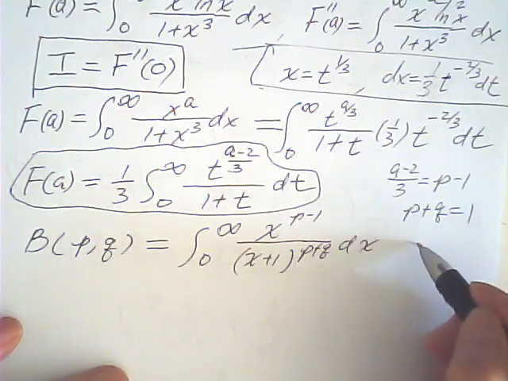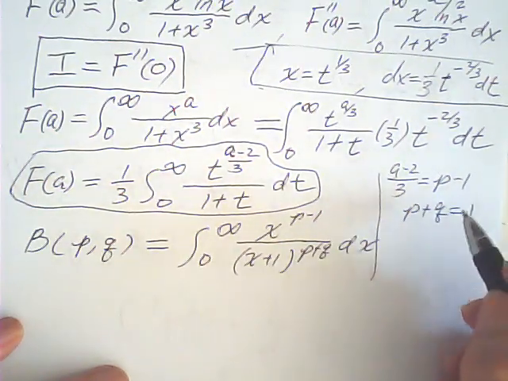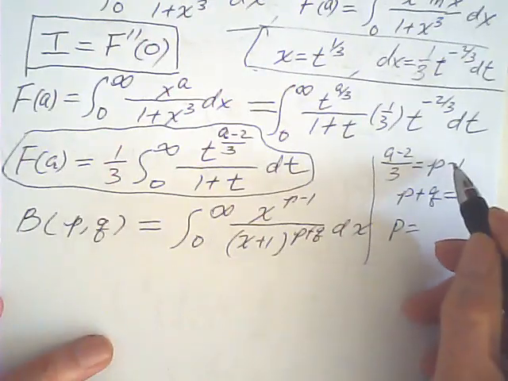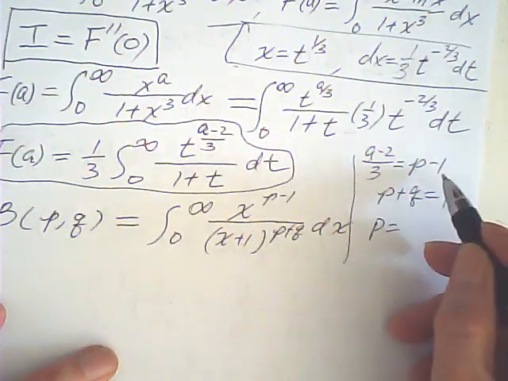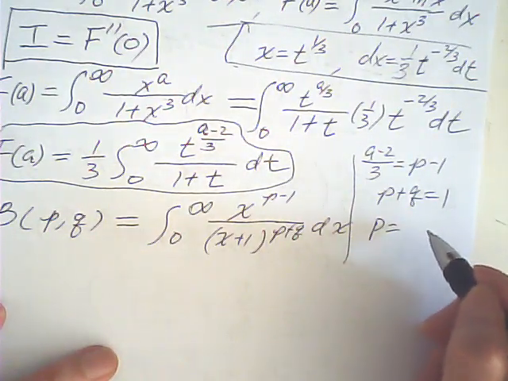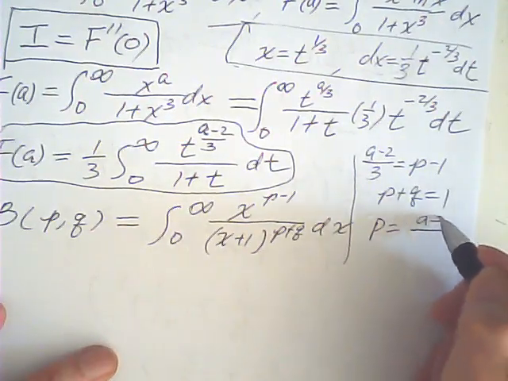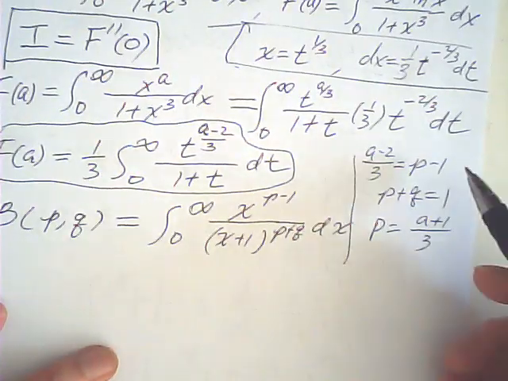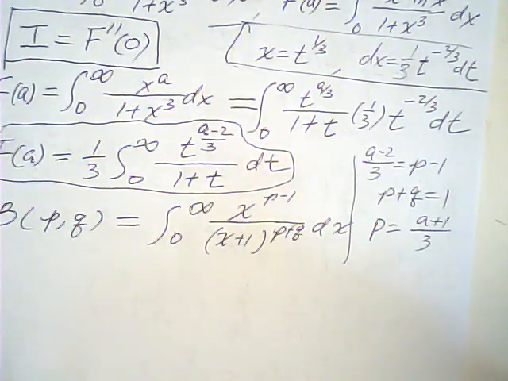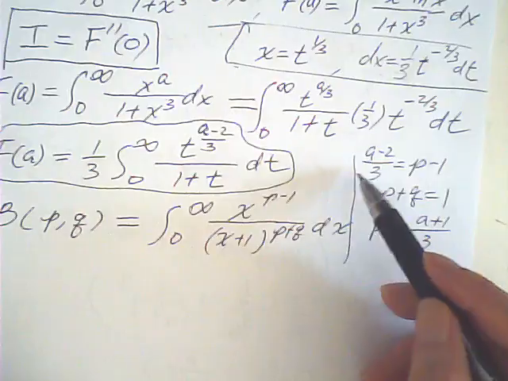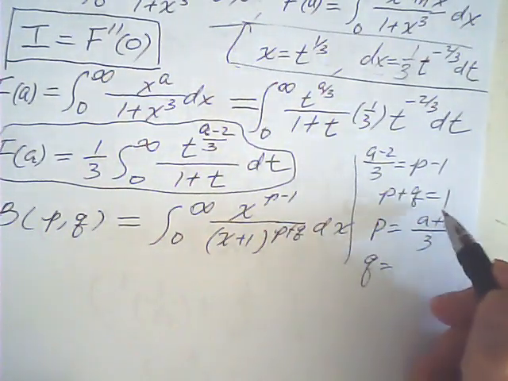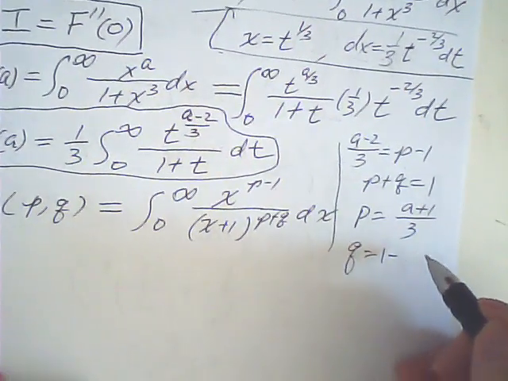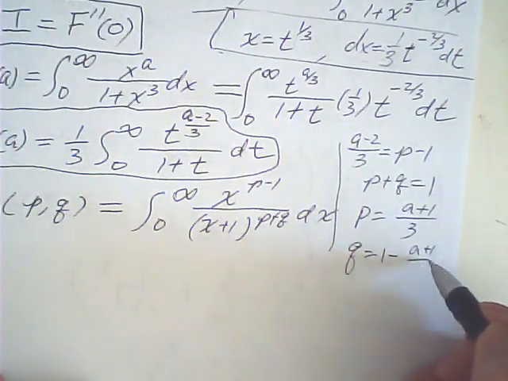So from this, I can find p. p is equal to a plus 1 over 3, right? Then q is equal to 1 minus p, which is 1 minus a plus 1 over 3.